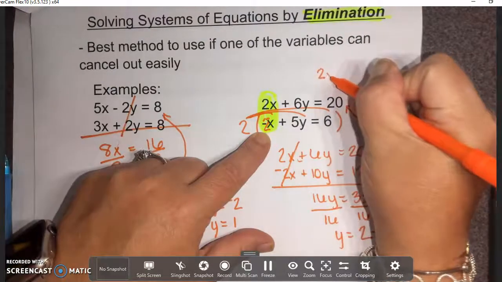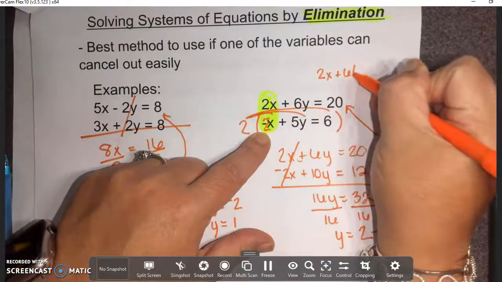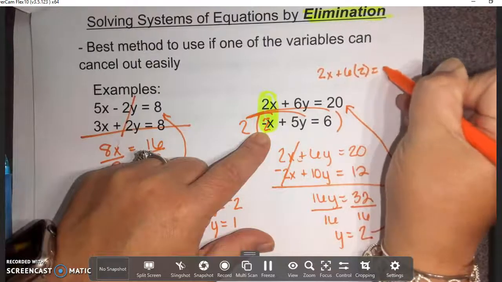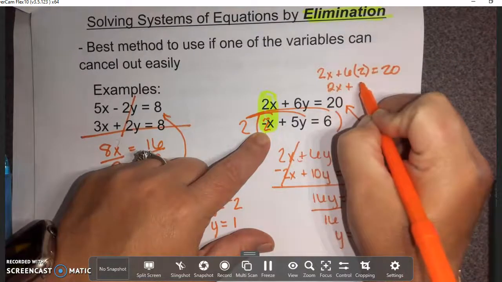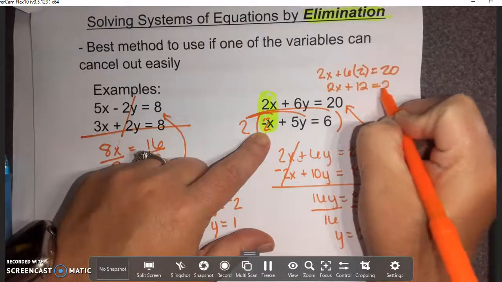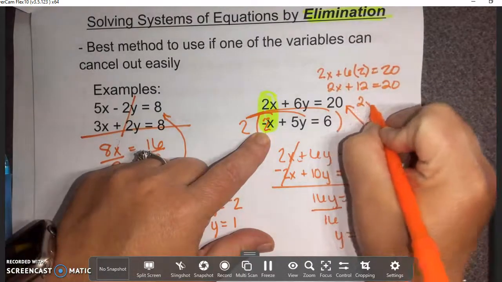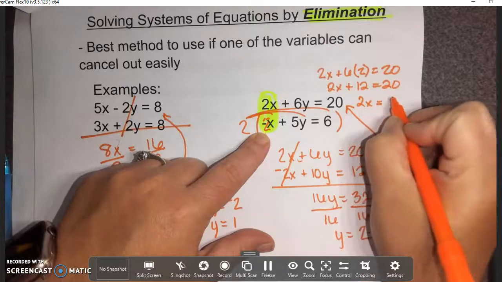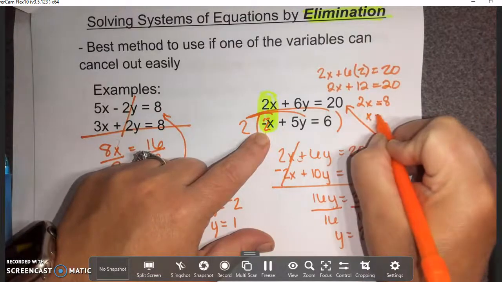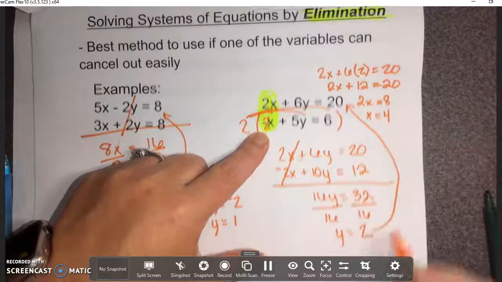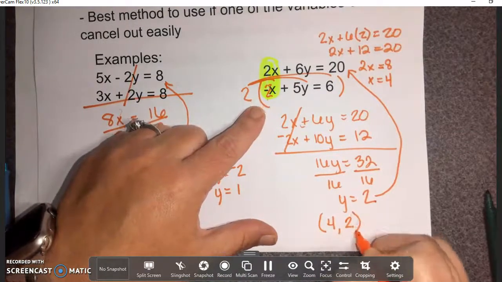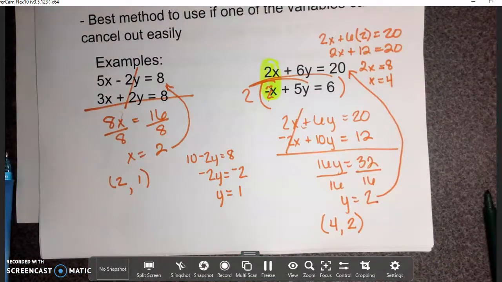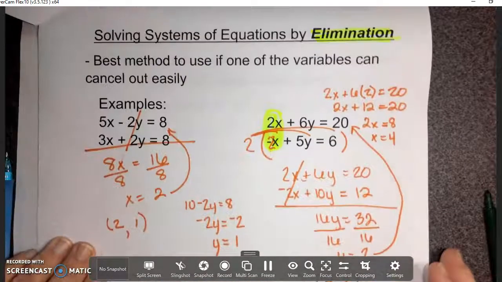So 2x plus 6 times 2 is equal to 20. 2x plus 12 equals 20. 2x equals 8. X is equal to 4. So my answer, my x is 4 and my y is 2. Okay? That's the third way that we can solve.